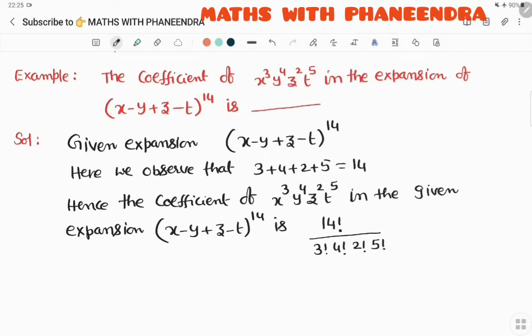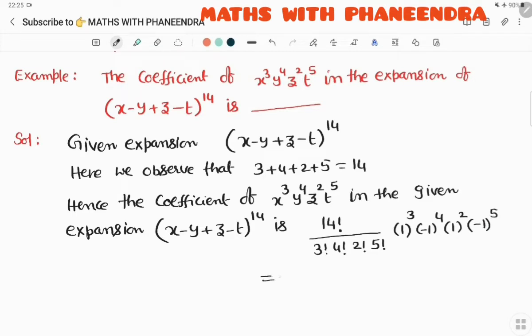After that x1 power n1: the x1 value is 1 here, so substitute 1 power 3. x2 power n2: the x2 value is minus y, so the coefficient is minus 1, whole power 4. Here the z coefficient is 1 power 2, next the t coefficient is minus 1 whole power 5.